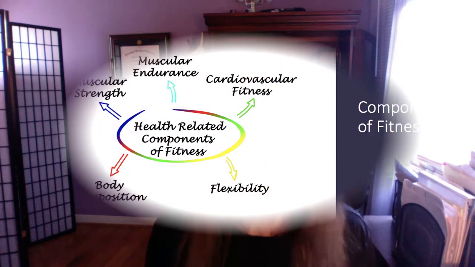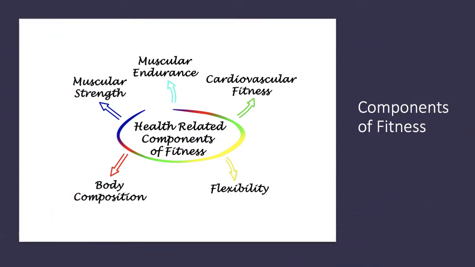So we have something called the components of fitness, and basically the components of fitness means there's different areas of fitness and different areas of the way that we measure health in regards to fitness. Okay, you have muscular strength, and I'll go over these more in depth, but muscular strength is really how strong a muscle gets, and usually it's associated with size, and usually it's associated with some kind of muscular sculpting.